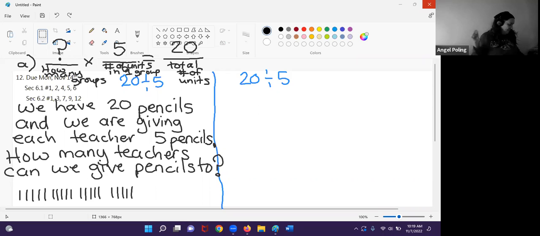Okay, so then what the book does is they put the grouping. Oh, sorry, I had the eraser on. They put the grouping of our one group information that we have, right?